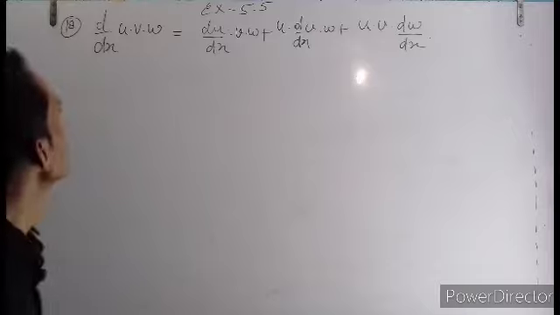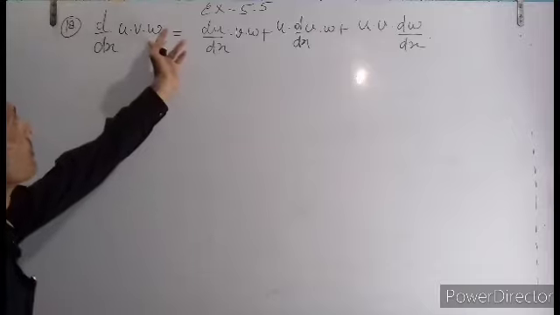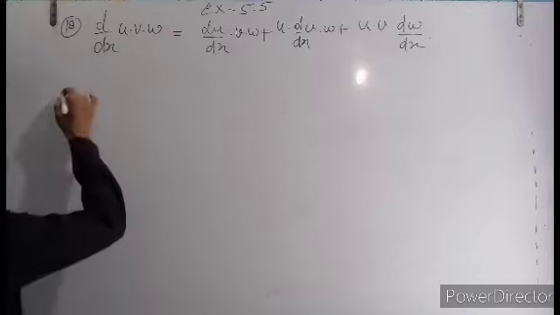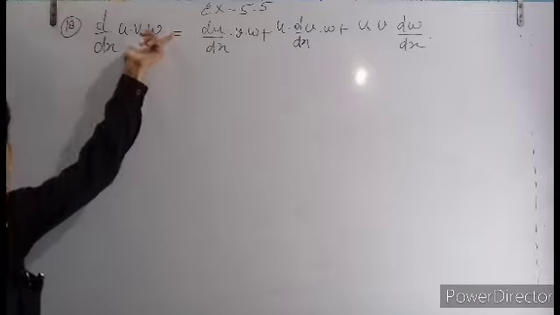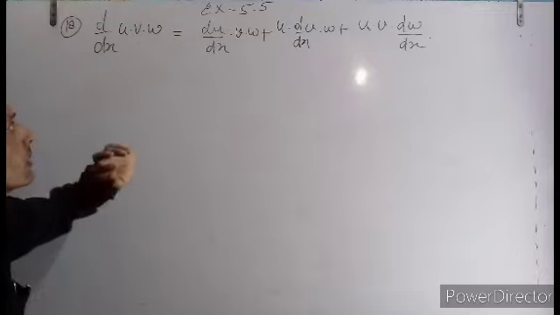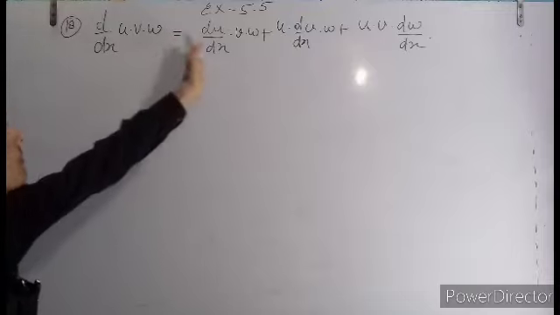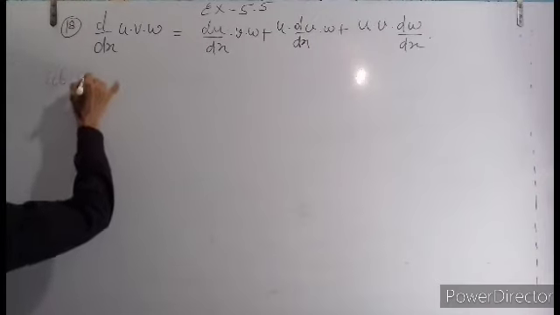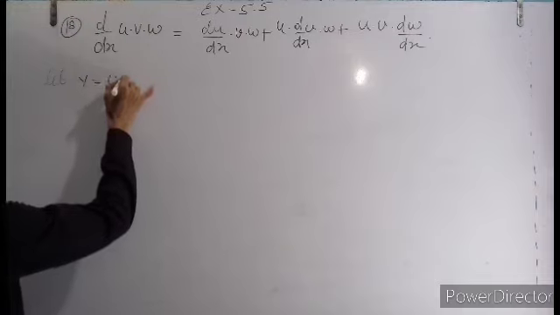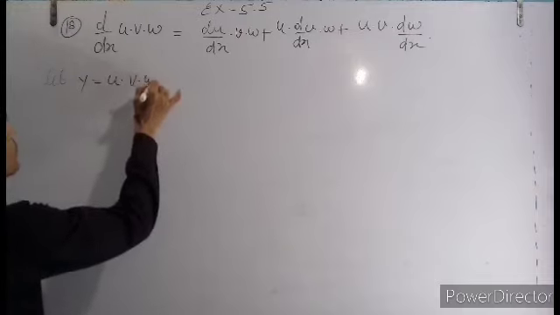So first we take the u v w. How can we do this one? First you take this value, let the value of this one be y. So we can differentiate one by one, we can find this. So let y equal to u into v into w.